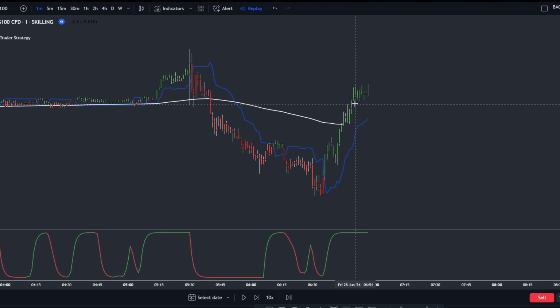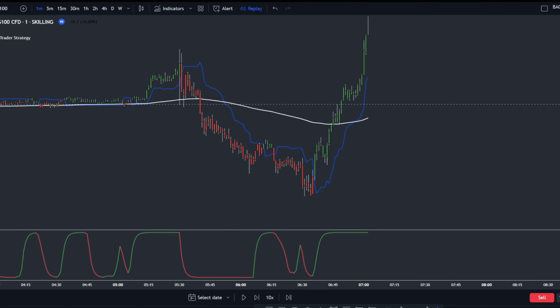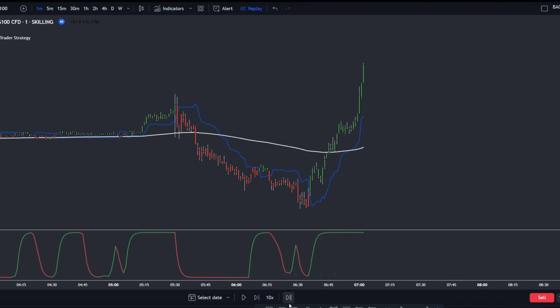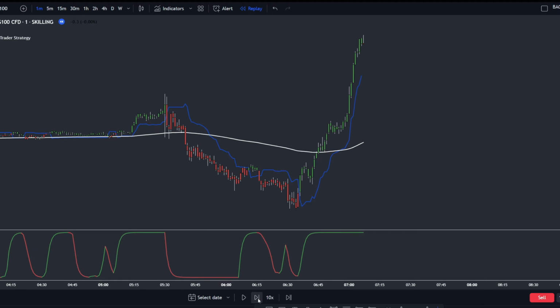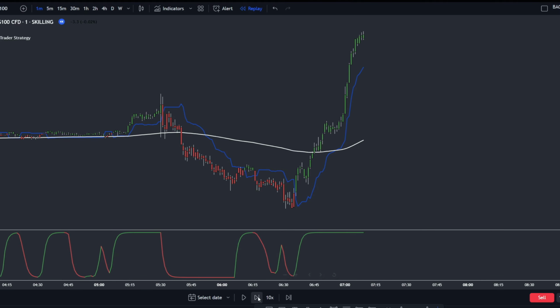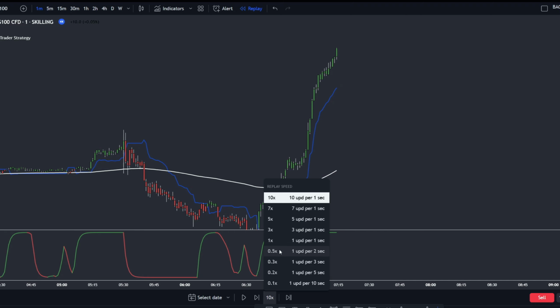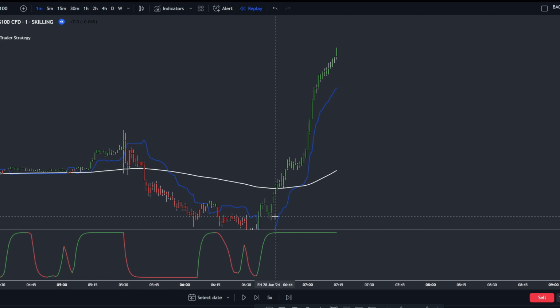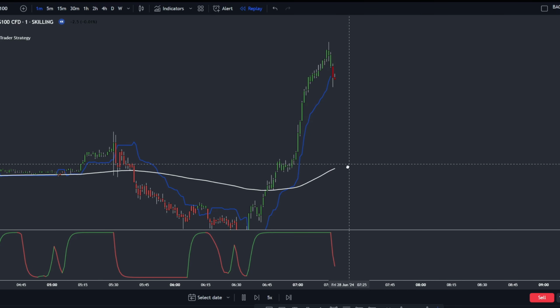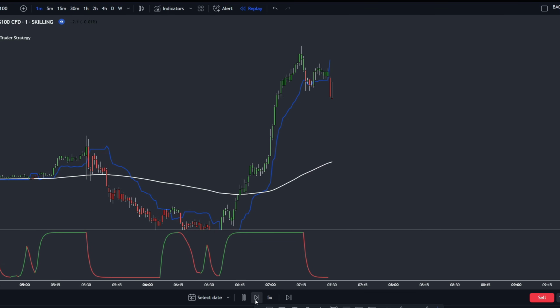It did not, but now we're above, so we could be looking for buys. So if this crosses below, let's just forward it a little bit. Let's slow it down so I don't miss a trade. I'll go 5x, and now let's just play it out. Okay. Pause.